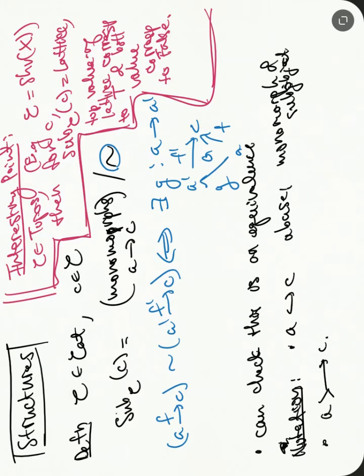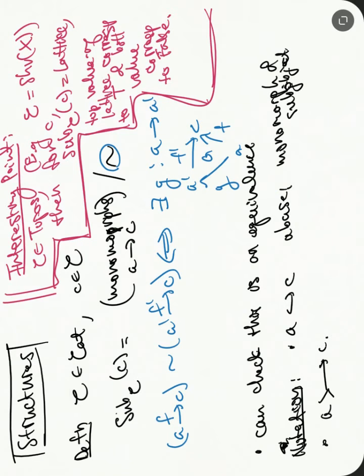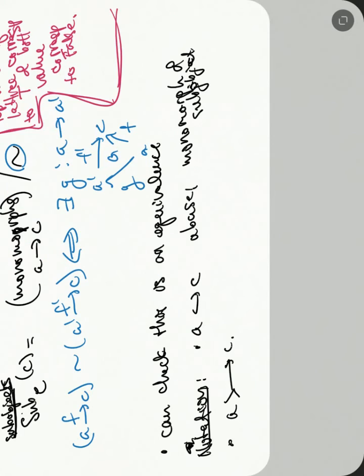That doesn't really have to do with the structures that I'm defining right now, but while I'm talking about subobjects, it should be mentioned. So this is what I just defined: subobjects are monomorphisms modulo this equivalence relation, and the equivalence is that they factor through each other.